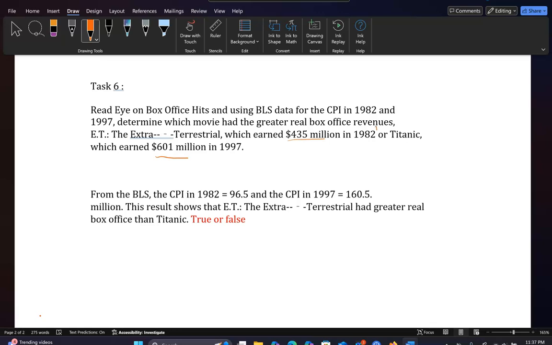Now to find this out, I'm going to use this number here. This was the price or the total revenue in 1982. I want to find out the equivalent revenue in 1997.